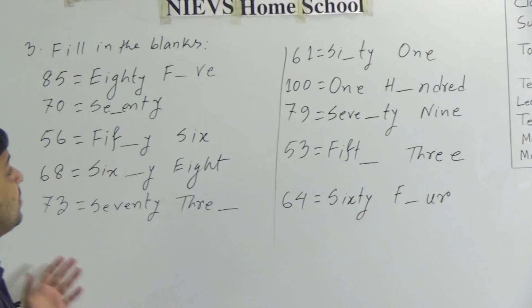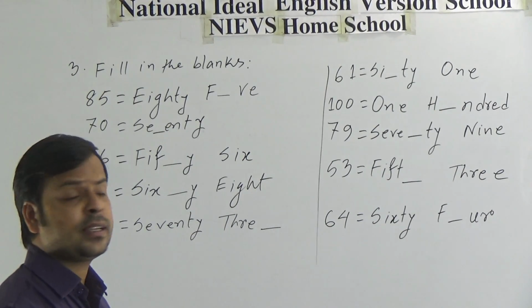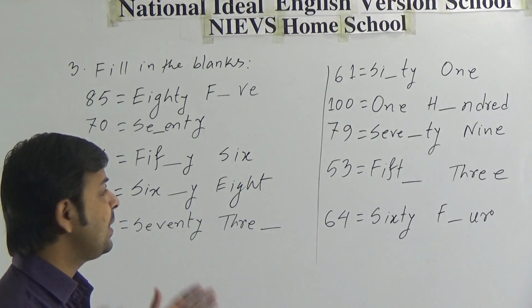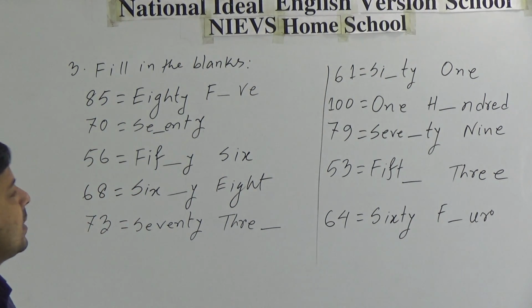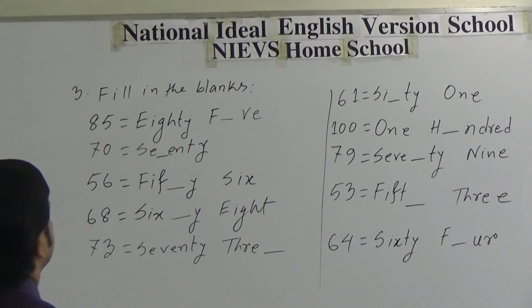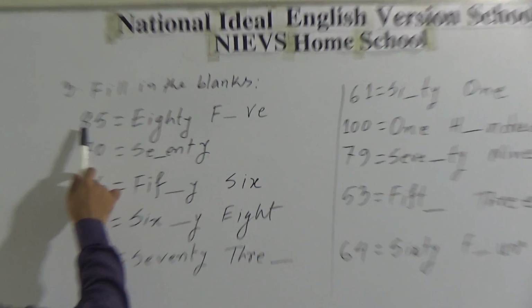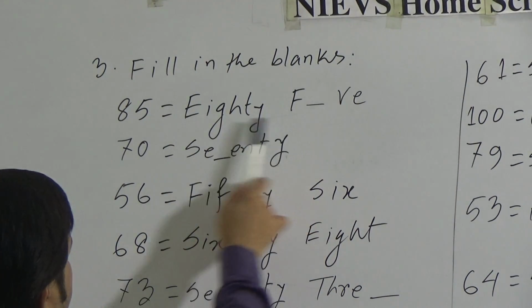Dear students, we have taken classes on this topic at the beginning of our online classes, and today this is the repeated class. Now see how to solve this type of question. A number is given and this number is written here in words.